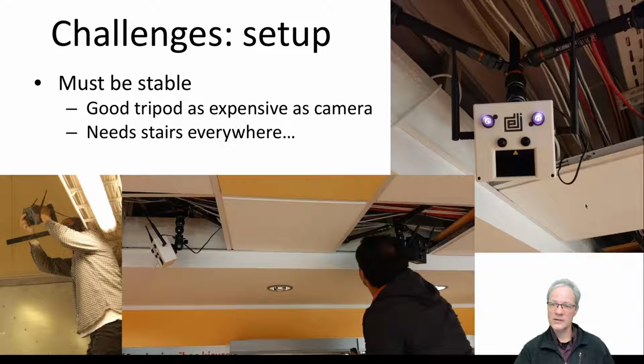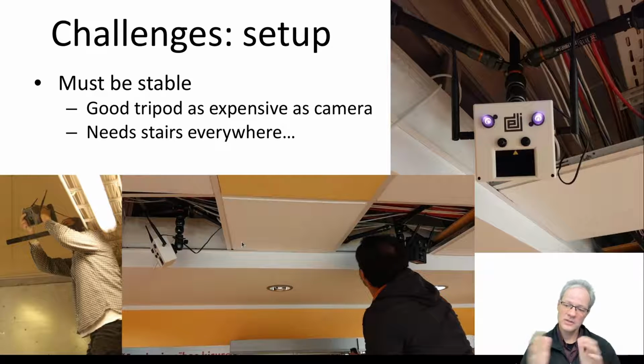One of them was the setup of the system. It turns out sometimes a good tripod is more expensive than the camera itself. And it's not always easy to get to those locations, because by default they're not expecting to have cameras in that environment. This particular location, I believe, is in the children's hospital, so we had to go up to the ceiling and figure it out.